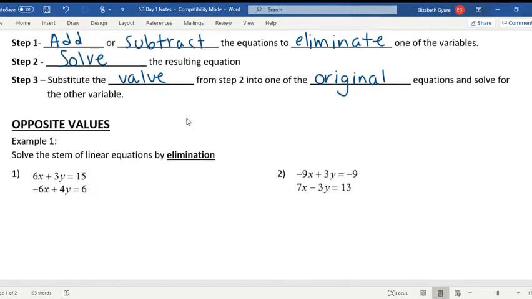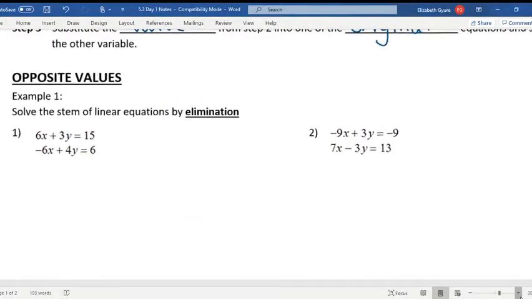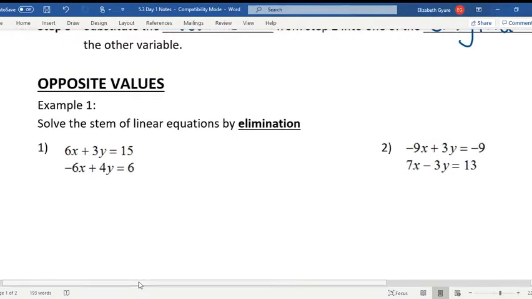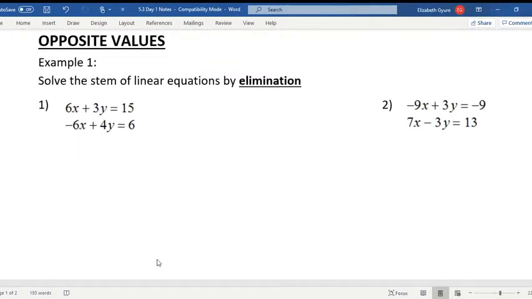If you take a look, the first kinds we're going to do are ones that are set up nicely for us. They're already going to have opposite values, like a negative 5 and a positive 5, or a negative 2 and a positive 2. So our systems of equations, you're going to notice they're set up a little differently than they were with substitution. When it was substitution, wasn't there normally a y equals?